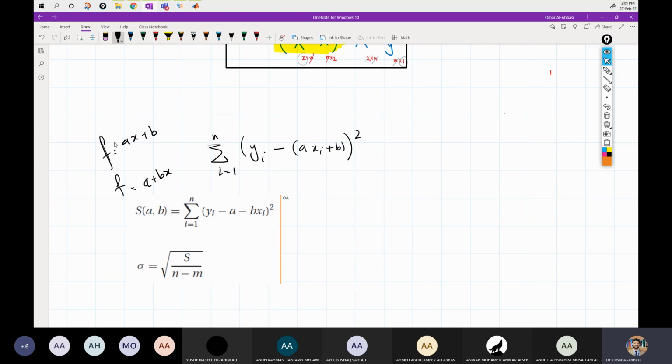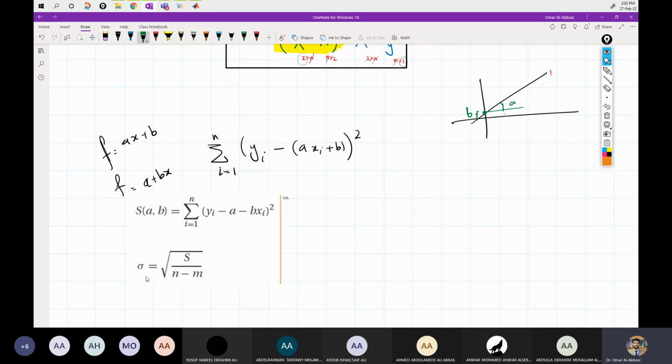What is the difference between case 1 and case 2? Case 1, A is the slope, right? A is the slope, where B is the intercept with the Y axis. For the other case, A is the intercept with the Y axis, and B is the slope. But at the end, it depends on which equation you want to fit.